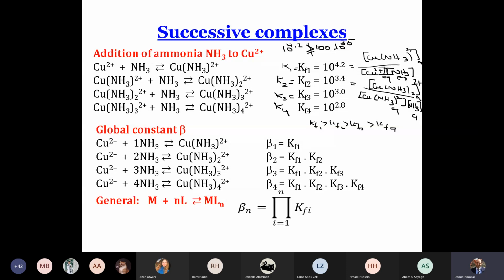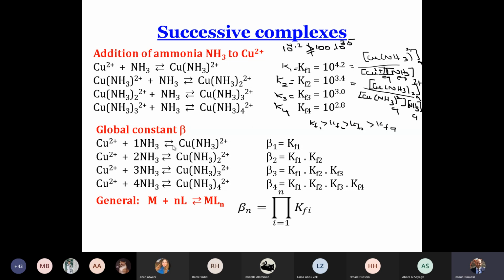These complexes are called successive complexes: 1, 2, 3, 4, and the nature of these complexes should be given. I cannot predict. And note that the first complexation is the easiest, and according to the values of Kf1, Kf2, Kf3, Kf4, I can know the sequence of formation of these complexes.